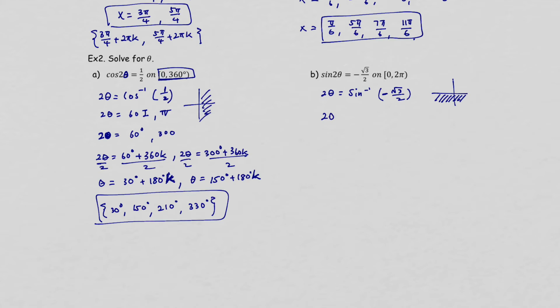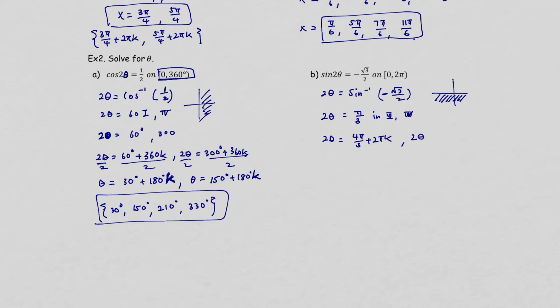So 2 theta equals pi over 3 in the third quadrant and fourth quadrant. That gives you the third quadrant, which is going to be pi plus pi over 3, which is 4 pi over 3 plus 2 pi k.